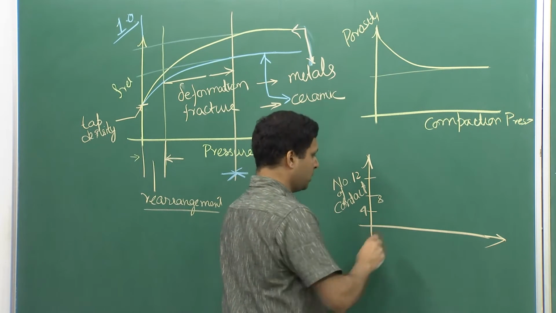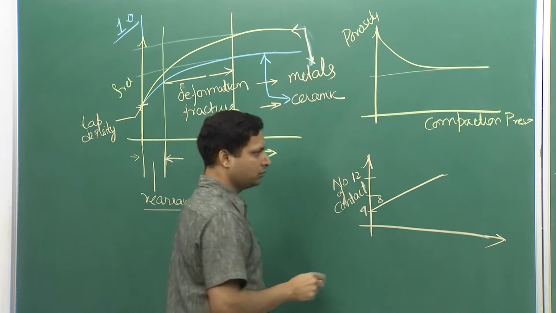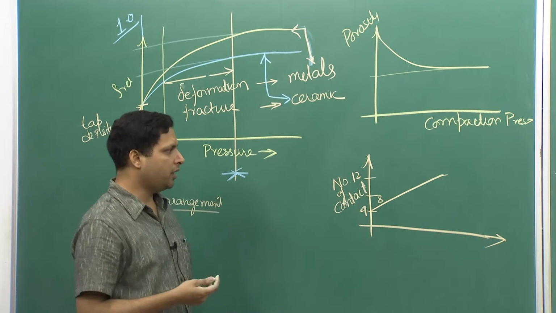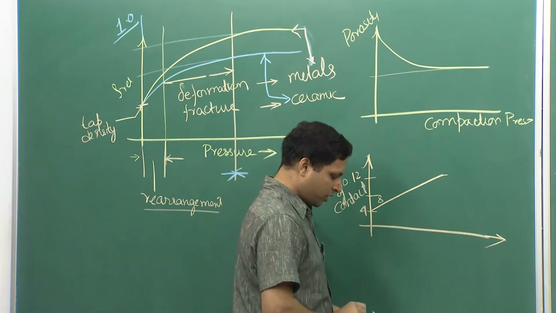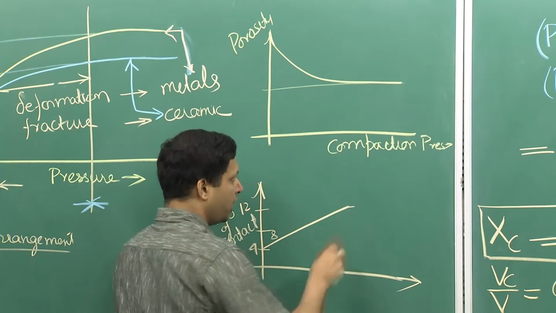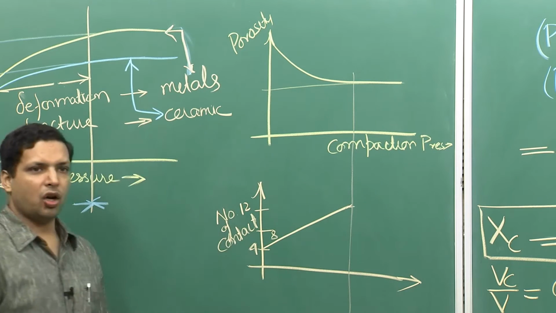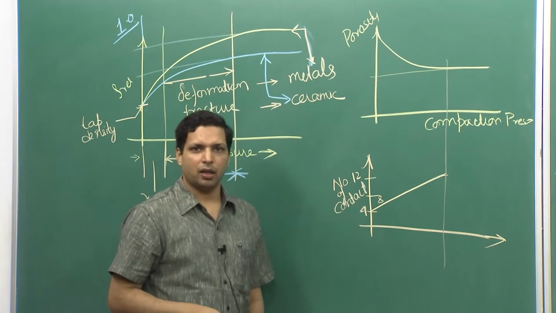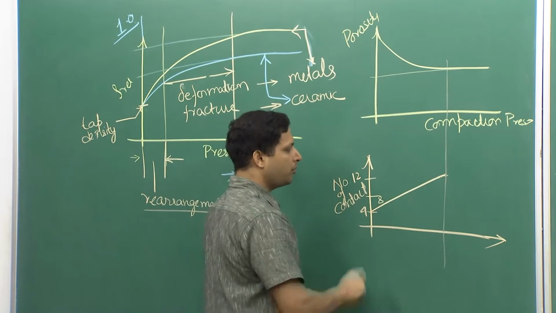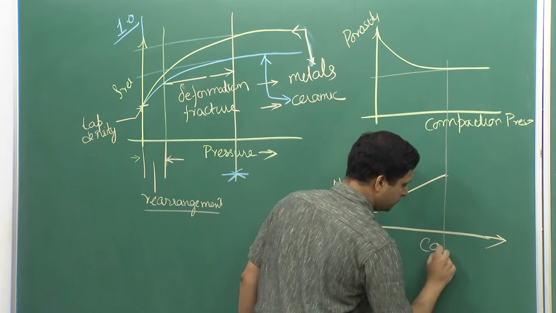It will be almost a linear variation with pressure up to the pressure where you get saturation in the density, because you are not able to get higher density, so you cannot increase contact points beyond that. And this is how the plot would look like for the number of contacts with compaction pressure.